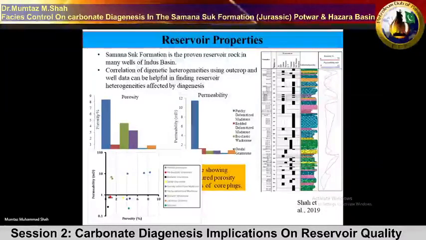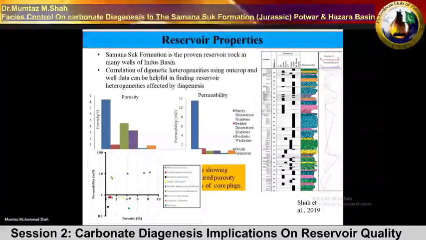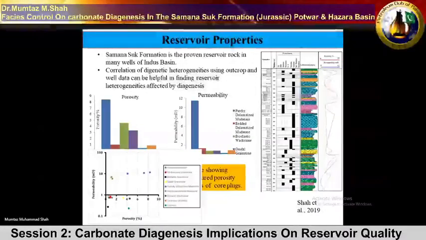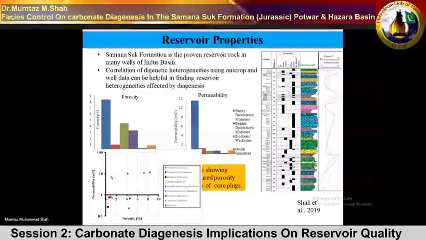So it indicates that the finer the facies is, the more porous and permeable it is as compared to the coarse-grained facies like the grainstone facies observed in this particular outcrop.